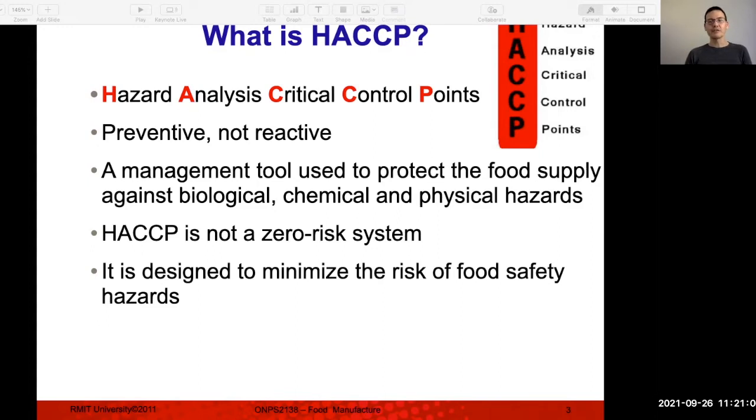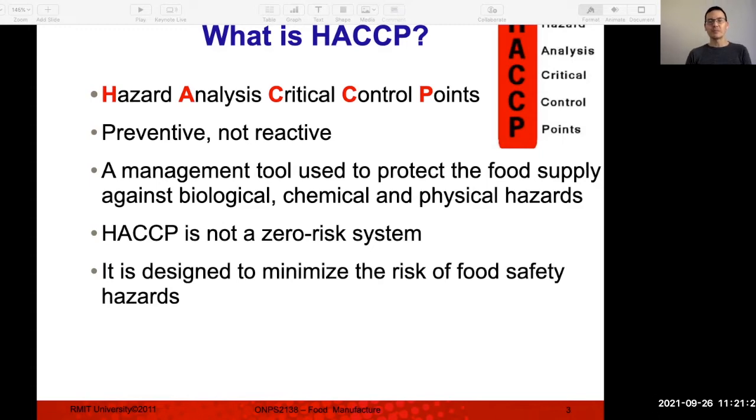Like anything though, it's absolutely critical to remember that it's not zero risk. Nothing can guarantee anything. There are no guarantees in anything, really.